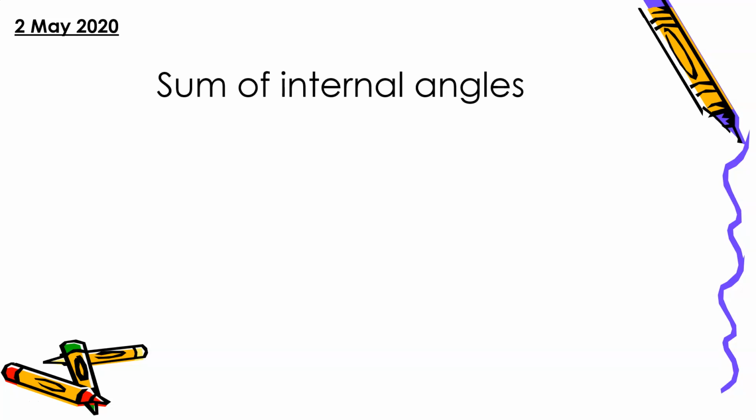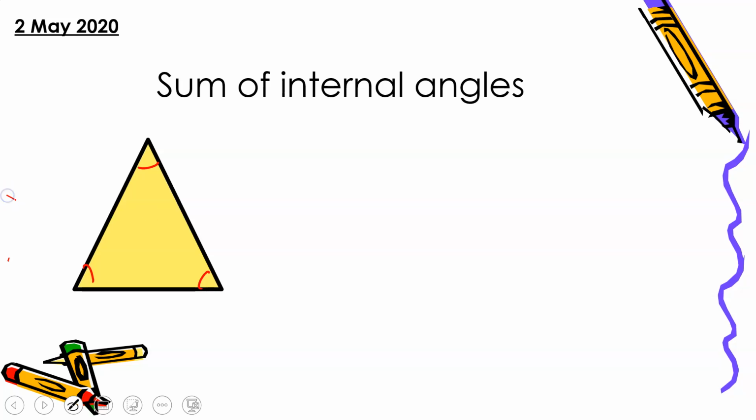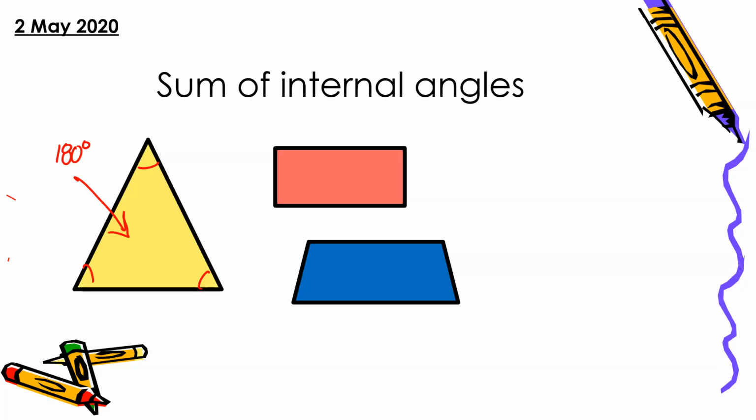Already we know some things about the sum of internal angles of a polygon. We know that for triangles, whatever the size of the triangle, the internal angles add up to 180 degrees. The other things we've learnt so far is looking at quadrilaterals.